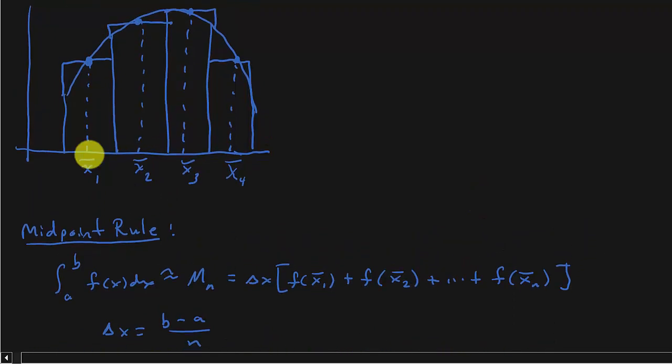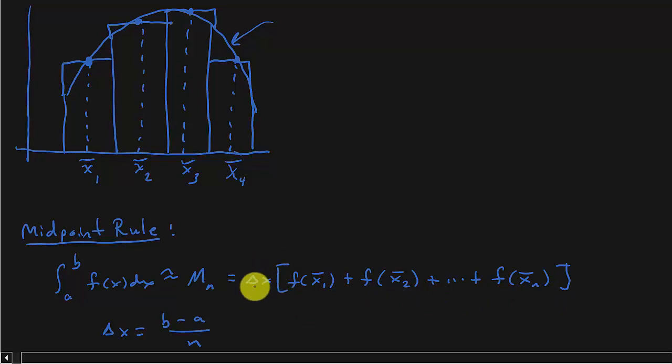Well, that's the midpoint of each rectangle, as you can see in this figure. What we're doing is evaluating this function at each one of these values, summing that up, and multiplying it times delta x.